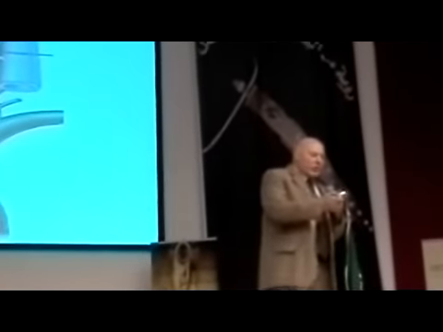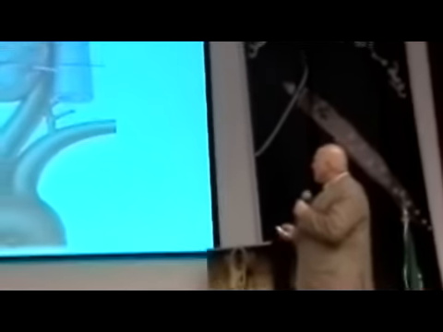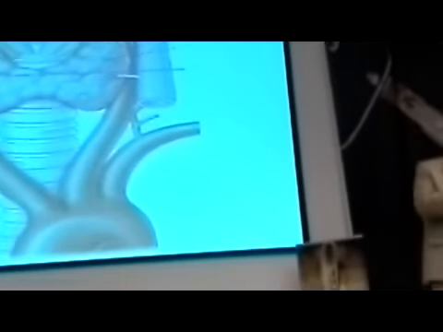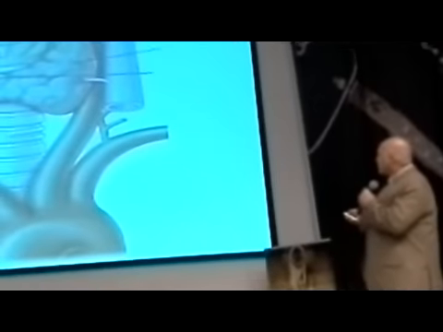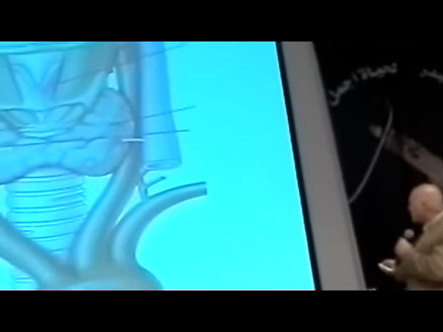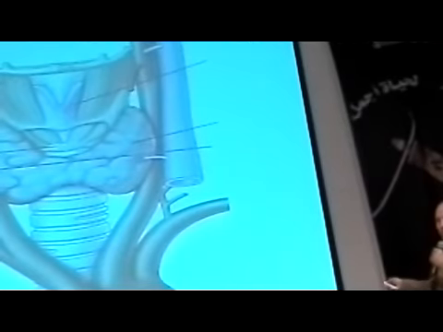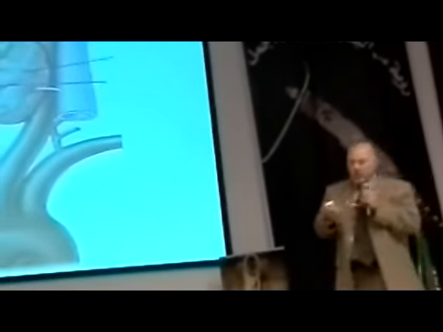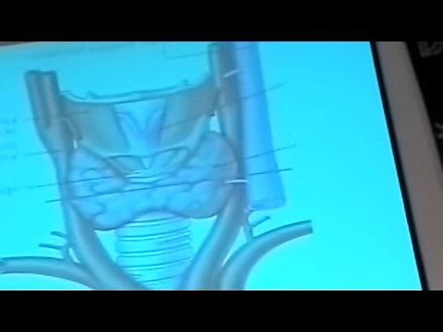When you are going to tie the vessels, we start first with the vein, starting with the middle thyroid vein. This is the first one to be ligated. The second point is to close the superior thyroid artery.